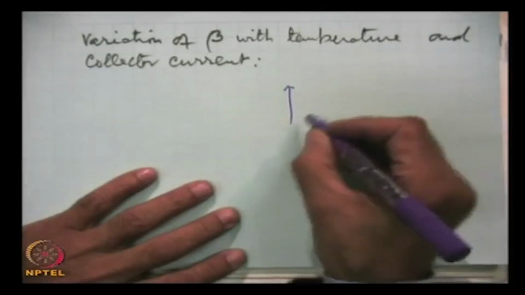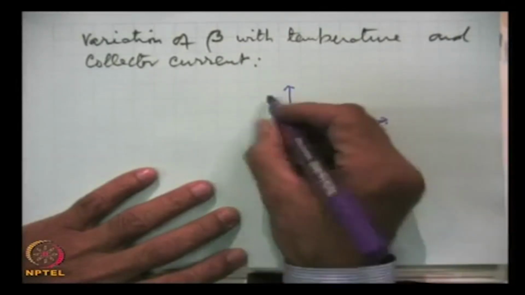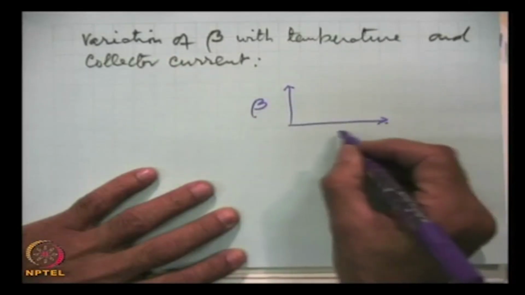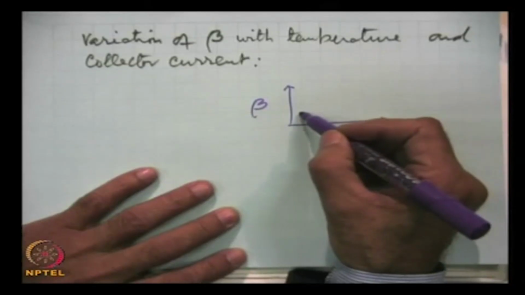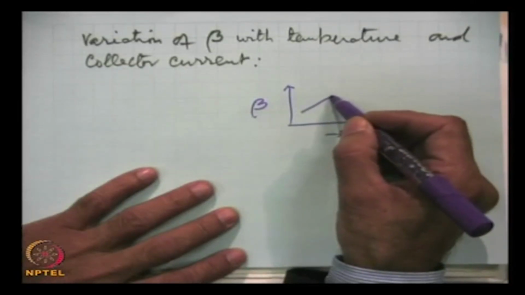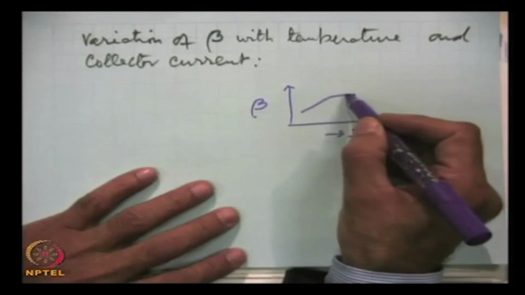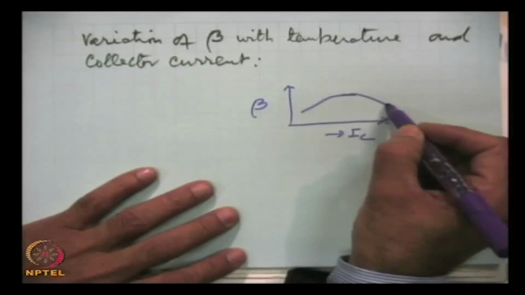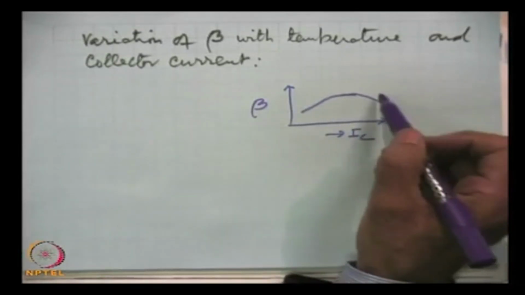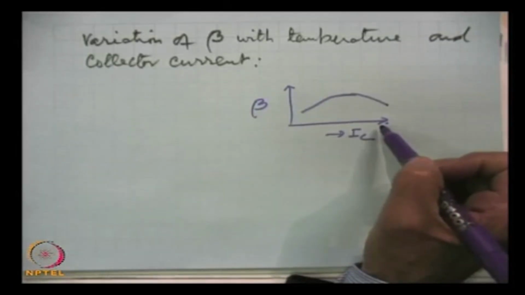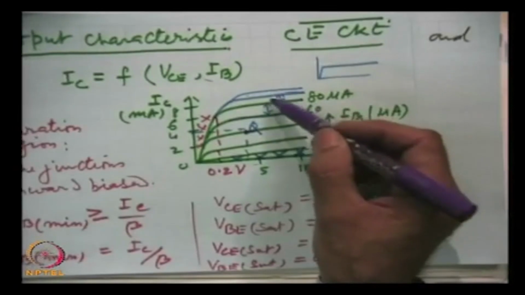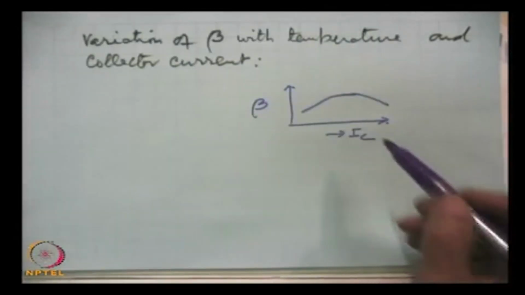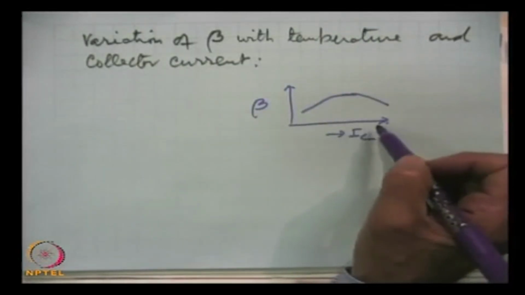With collector current, this is beta, this is collector current IC, and initially beta increases, attains a constant value and then falls. And this fall is, as I have said when we tried to explain the crowding of these output characteristics, due to high injection.